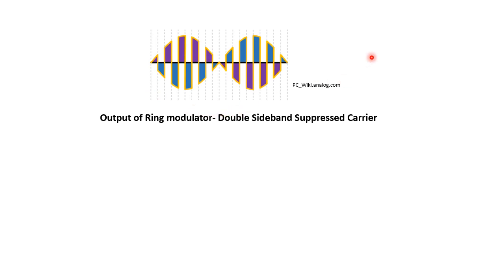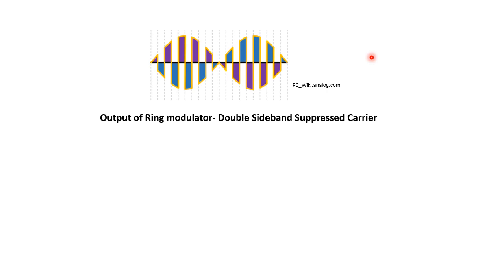If we recall the waveform of DSB-SC, when we were discussing the characteristics of the double sideband suppressed carrier wave and illustrated the time domain representation of DSB-SC, the waveform was exactly what we are getting at the output of the ring modulator.